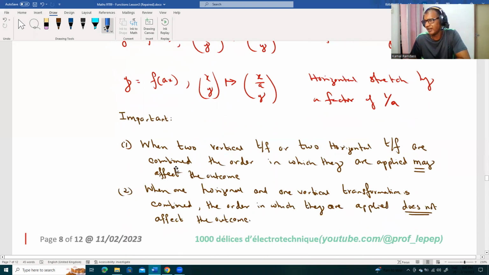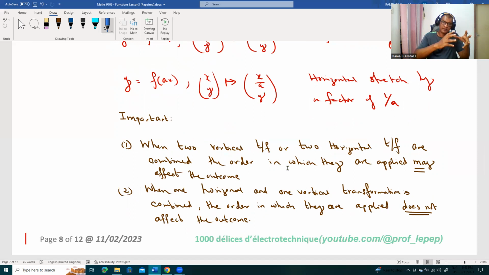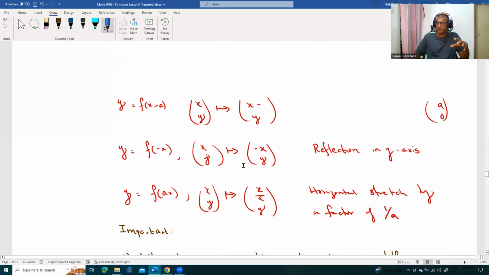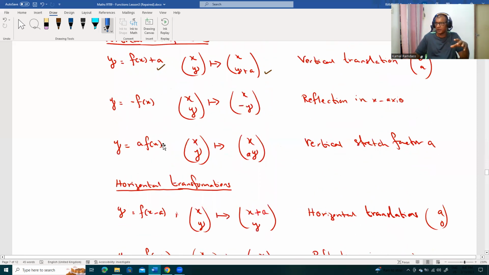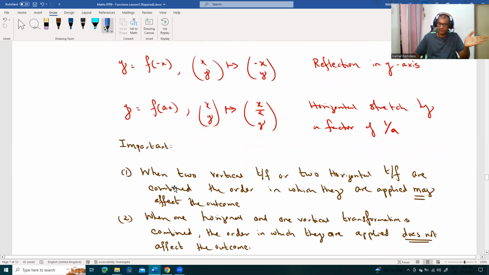This comes from a book, and we are able to verify it. If two vertical transformations or two horizontal transformations are combined, the order in which they are applied may affect the outcome. That means if we do transformations of the same type, horizontal or vertical, any two of these, the order in which they are applied may affect the outcome.